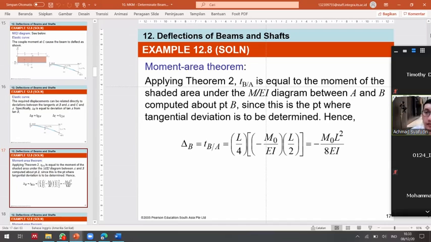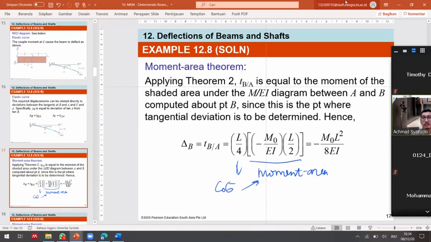So here, this is the moment area, and this one is the center of gravity of the area.